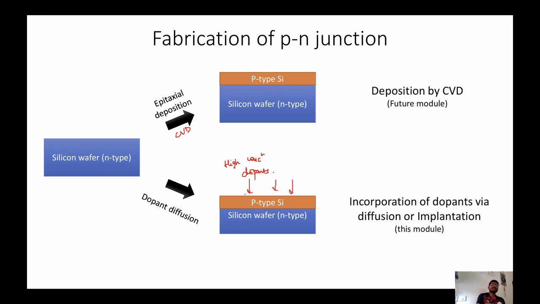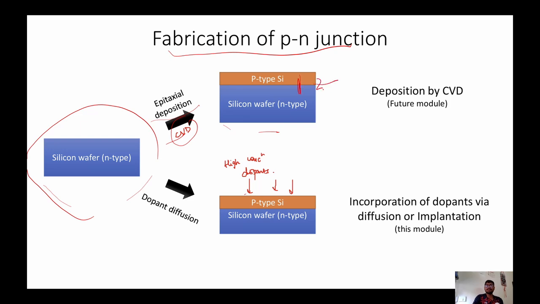So, fabrication of the p-n junction can be done in two ways. One is to take the n-type silicon wafer and do epitaxial deposition through a CVD kind of process over the n-type silicon, so there will be a p-n junction. Another method is dopant diffusion, which can be done through two methods: diffusion and ion implantation.